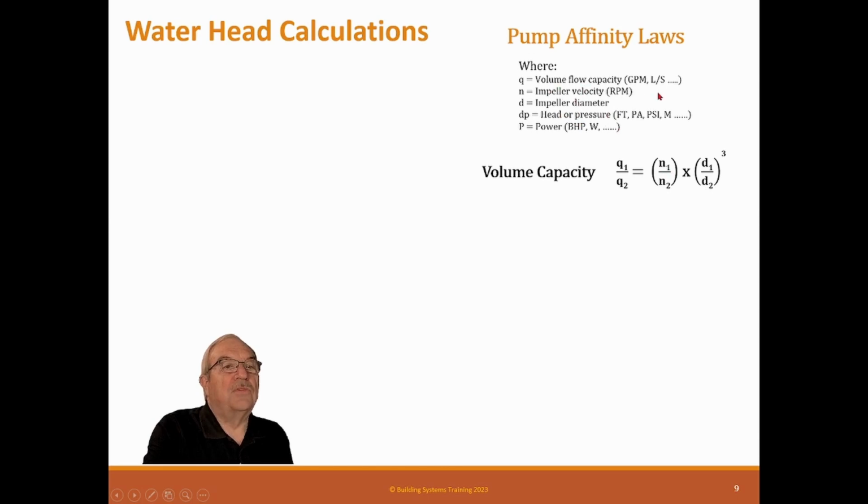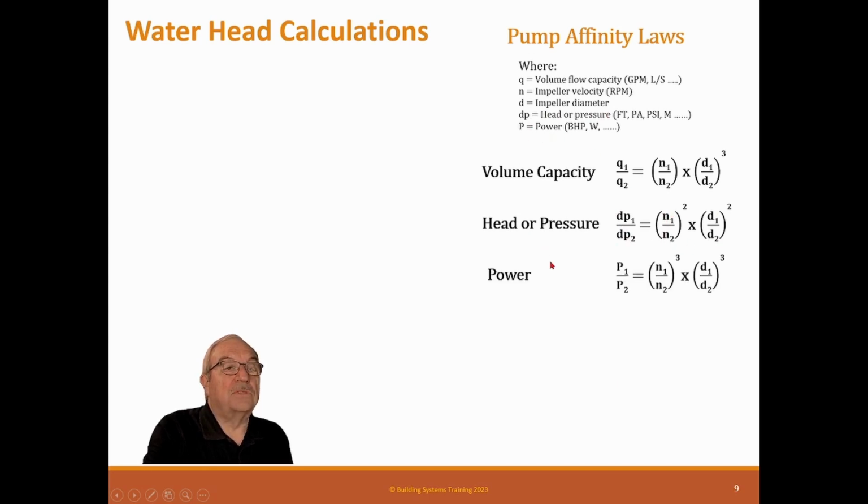So Q is volume in GPM, impeller velocity is RPM, N. So this is RPM, this is GPM, this is RPM. D is the impeller diameter, how big the impeller is. And then DP is head or pressure, and P is power. There's other formulas that have those in there. So head pressure uses DP, which is the head pressure, times speed, times the diameter of the impeller.